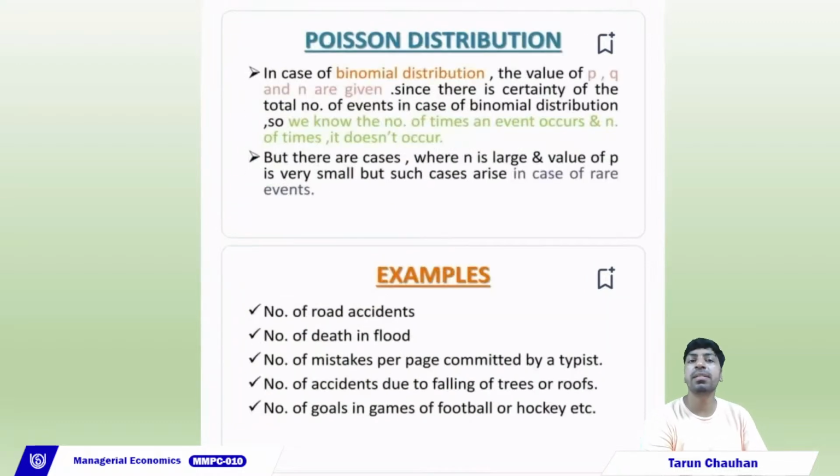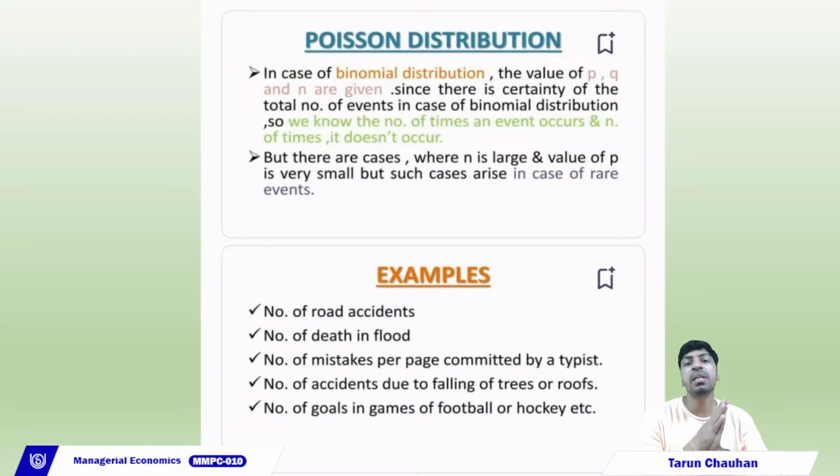Let's talk about the Poisson distribution. When we talk about the binomial distribution, we always talk about an exact, limited number of events or trials. But in the case of Poisson distribution, we know the number of times a particular event occurs, which is very well known, but not the number of times it doesn't occur.